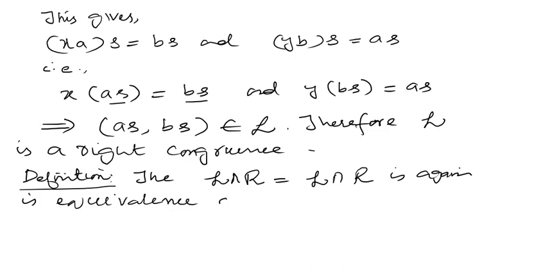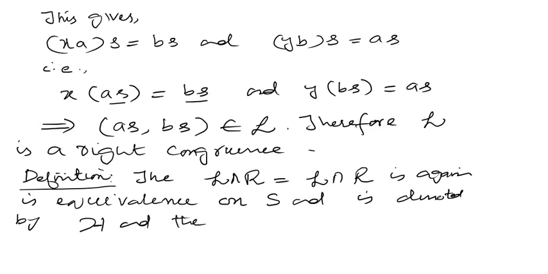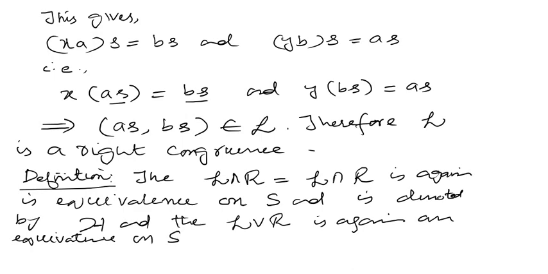on S, and is denoted by the H relation, and the join is again an equivalence on S, denoted by the D relation, okay, D. So D is the join and H is the meet, and meet is intersection.